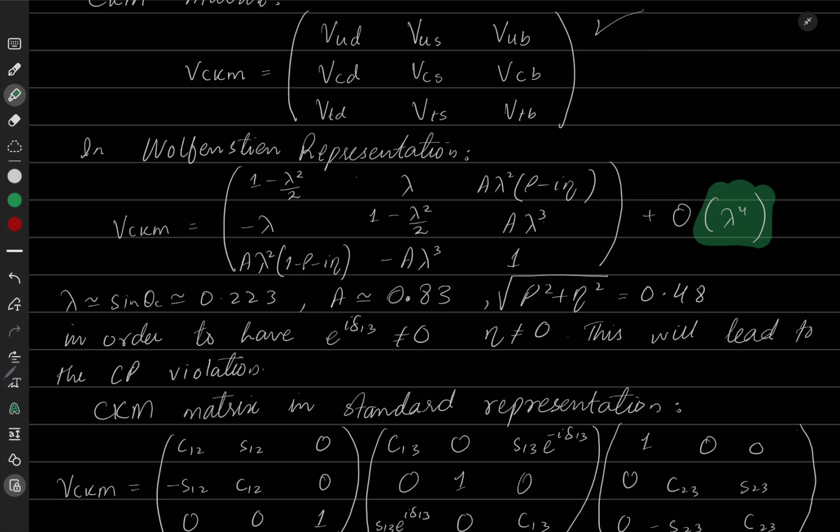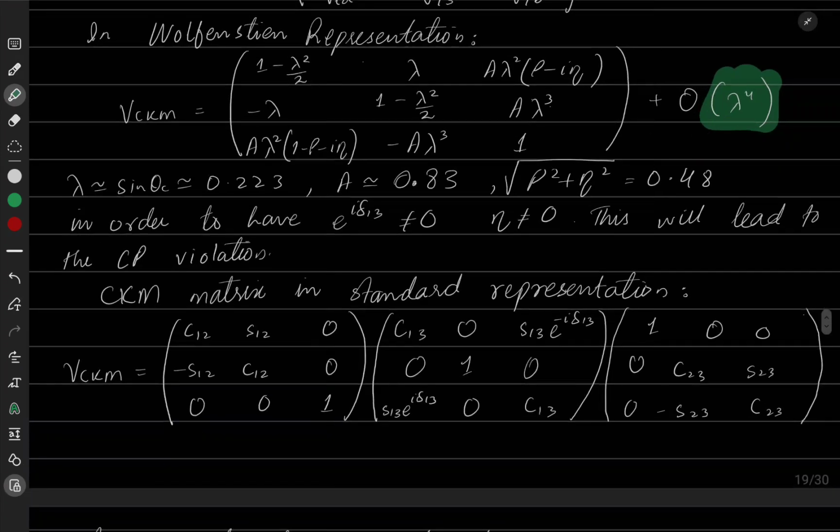Lambda here is sine of theta C, which is Cabibbo's angle, equal to 0.223. A is equal to 0.83, and the square root of rho squared plus eta squared is equal to 0.48. In the Wolfenstein representation, if eta is not equal to 0, then this will lead to CP violation. And in order to have CP violation, we must have at least one complex phase.